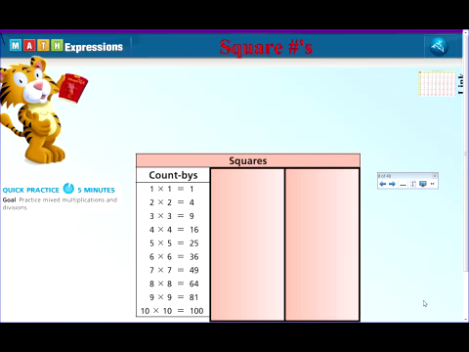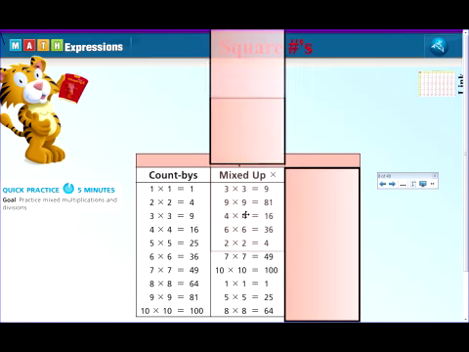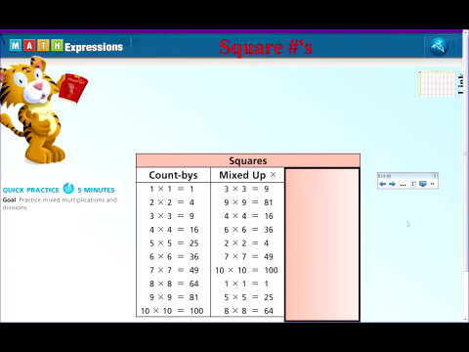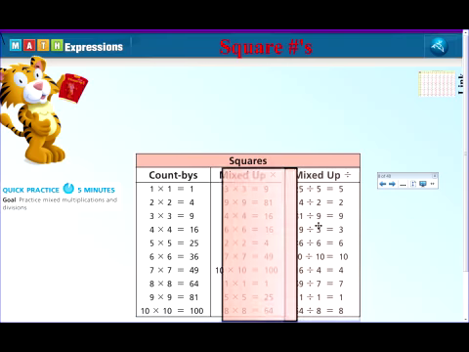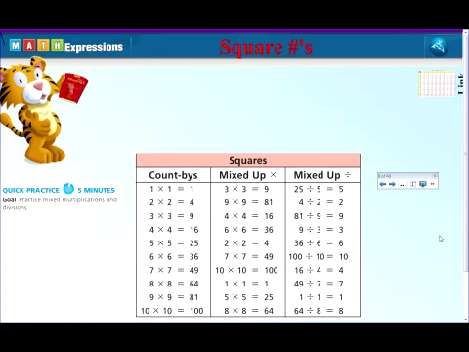Practice those. You'll thank me later. And you can also practice them mixed up and mixed up division. What's 100 divided by 10? You better know that. 10.